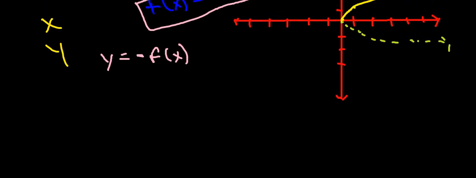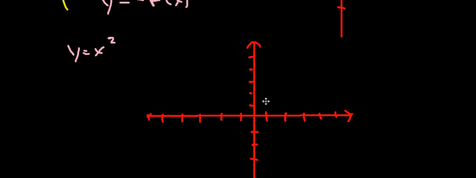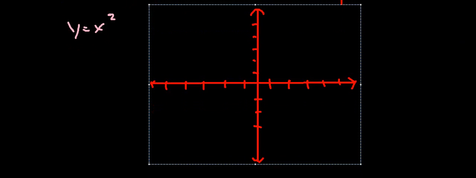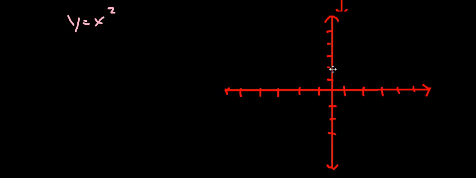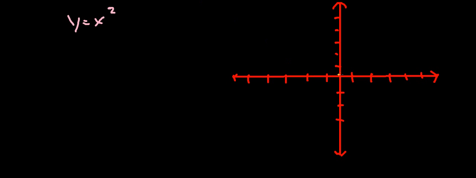So let's suppose we have y is equal to x squared. So let's put a graph on here real quick and say, here's our graph. It goes 0, 0, 1, 1, 2, 4, and on the other side minus 1, 1, minus 2, 4.